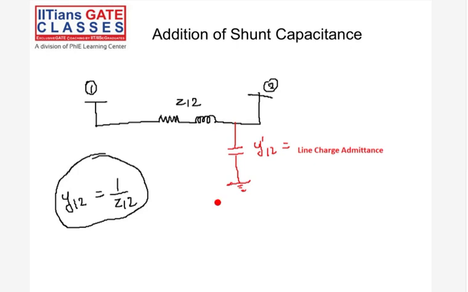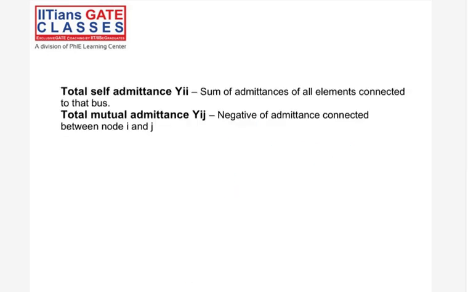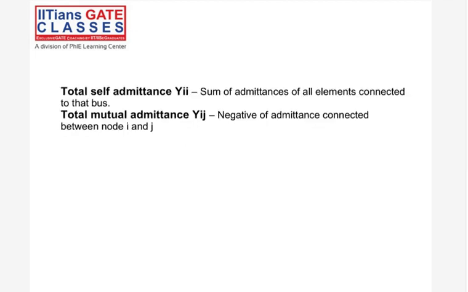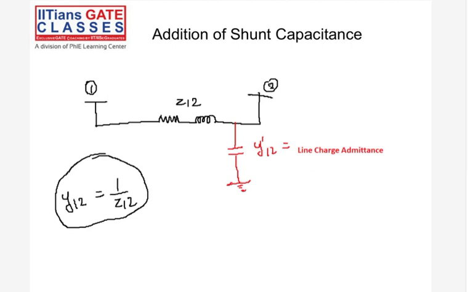Okay. Now, right till now we were going with the assumption that there is only resistance and reactance in the transmission line. But if you are having a medium or a long transmission line, then the capacitive effect between the line and the ground, the actual earth, will come into the picture. So we also have to take into account that capacitive effect.